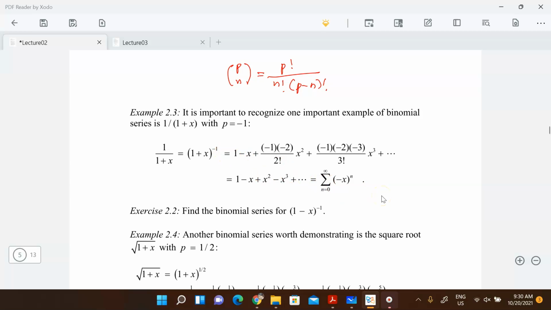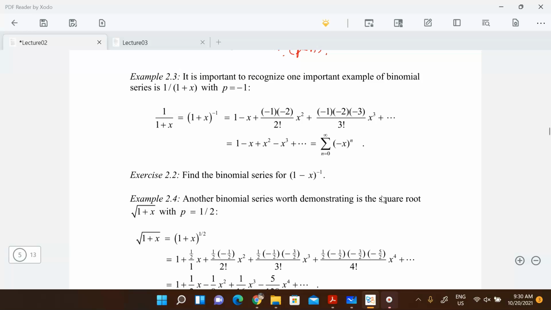Here's an exercise. You can actually see that the signs over here are alternating, positive, negative, positive, negative. But this is the expansion of 1 plus x in the denominator, so you can replace it by 1 minus x, and then you should be able to see that this gives you all positive signs.